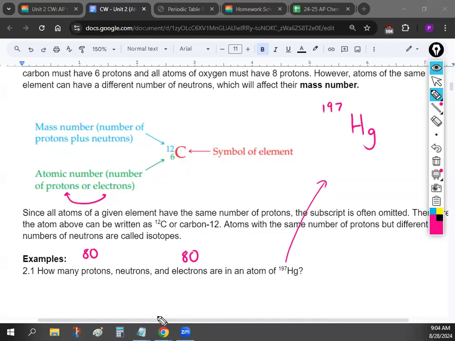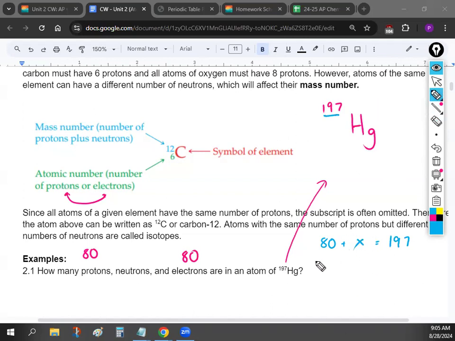All right, so the one that we need to do a little math for are the neutrons, but that's pretty simple. We have this number on the top left, 197. We know that's protons plus neutrons. So we know that 80 plus the number of neutrons is going to give you 197. It's just a basic algebra problem, right? If it's a math class, you can think of the neutrons as x.